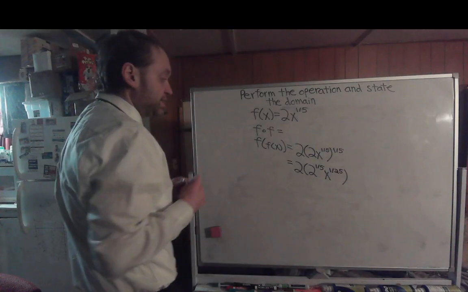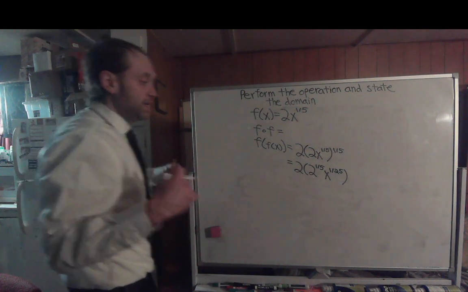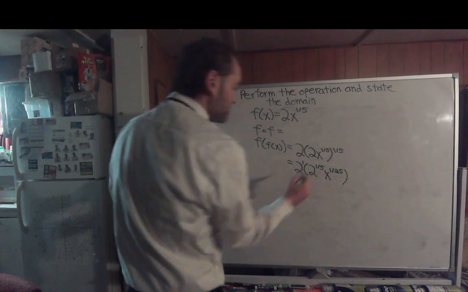Alright, now here's where it gets interesting. What is 2 times 2^(1/5)? Isn't this the same as 2 to the first?